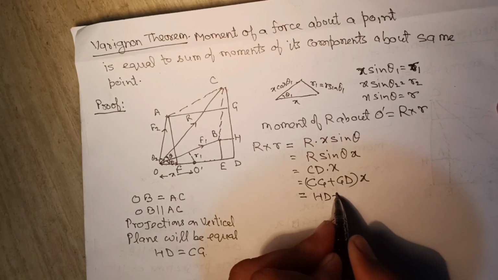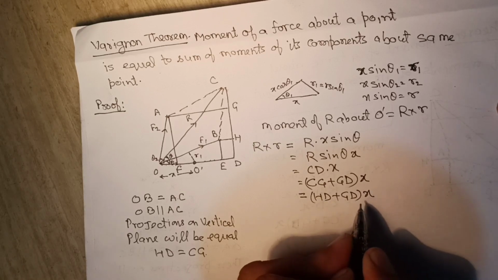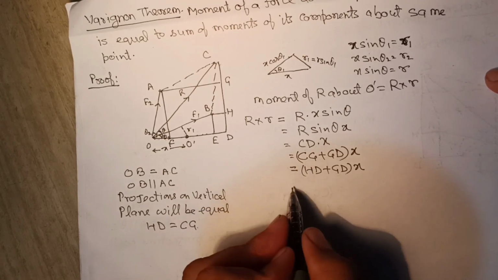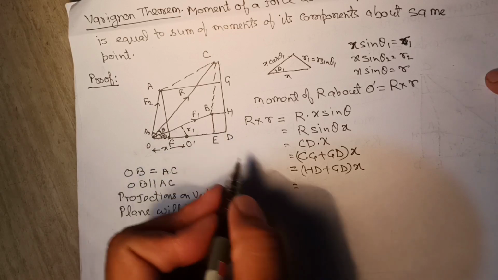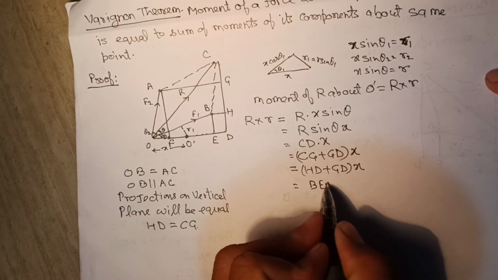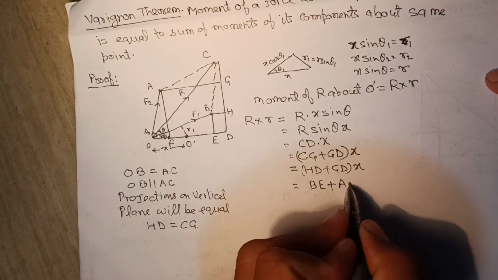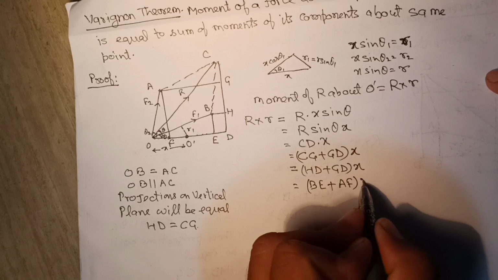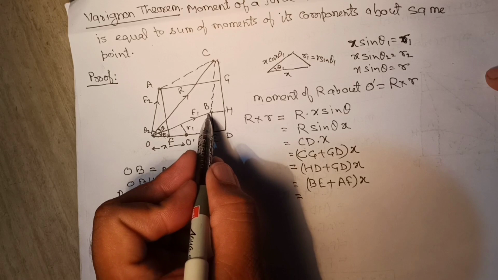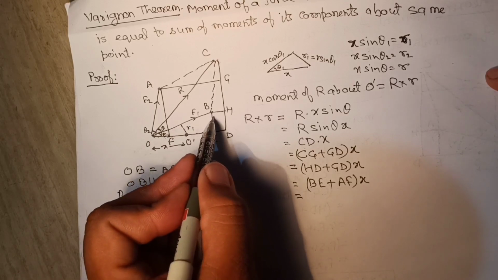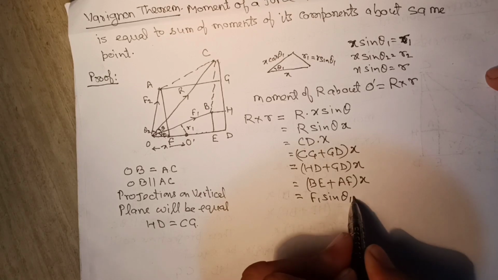Now putting the value of CG here, we can write HD plus GD into X. Now HD can be written as BE and GD can be written as AF. So we have written it as BE plus AF into X. Now from figure BOE, force is F1, angle is theta 1, so components will be F1 cos theta 1 and F1 sin theta 1.